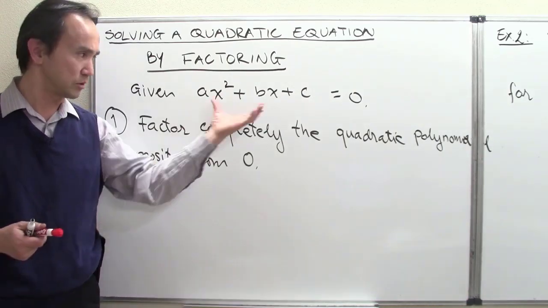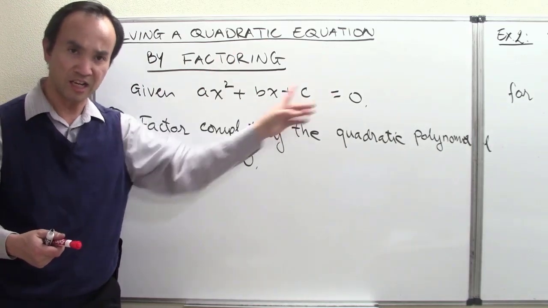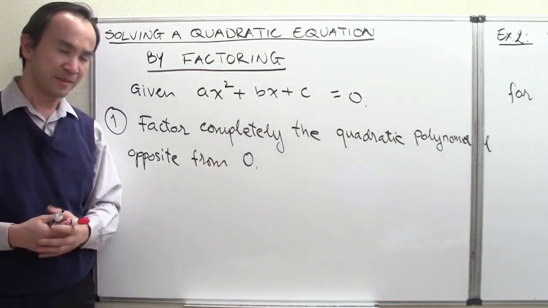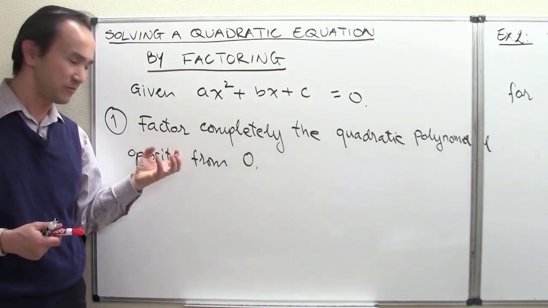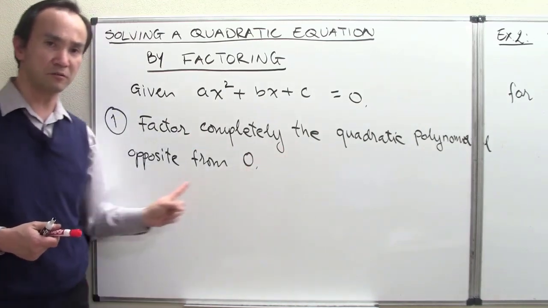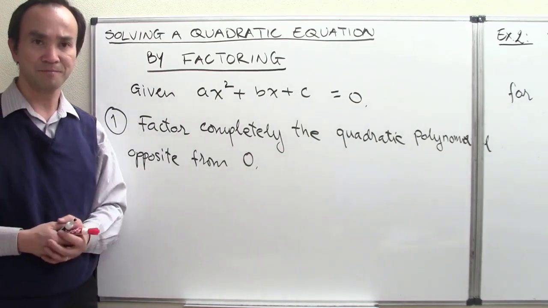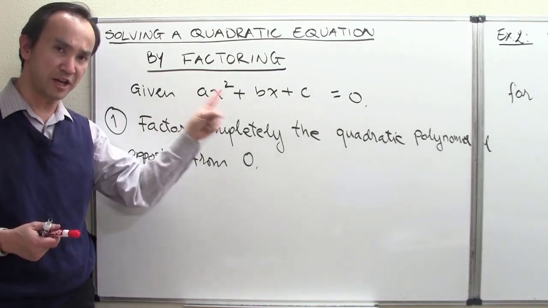Mainly it's opposite from 0. So our core step 1 is to factor completely the quadratic polynomial that's opposite from 0, provided that our equation is already in standard form.